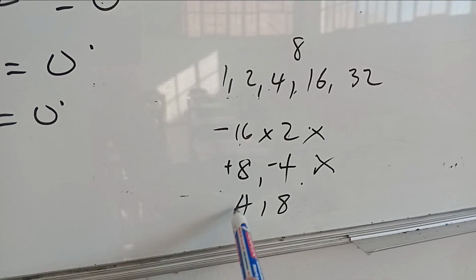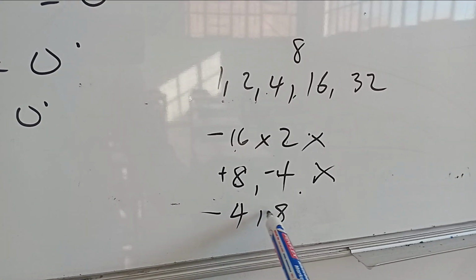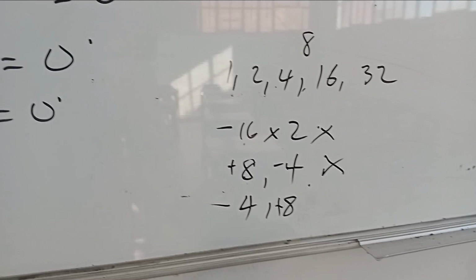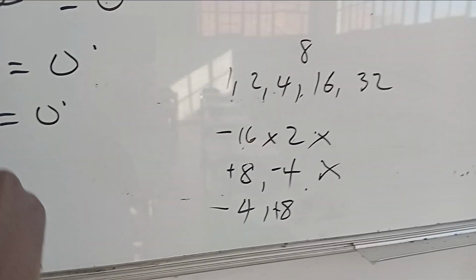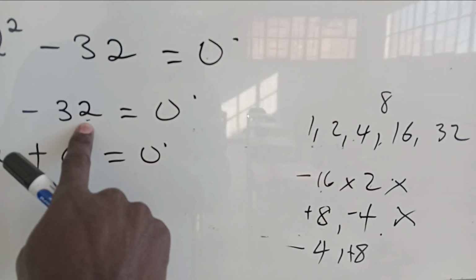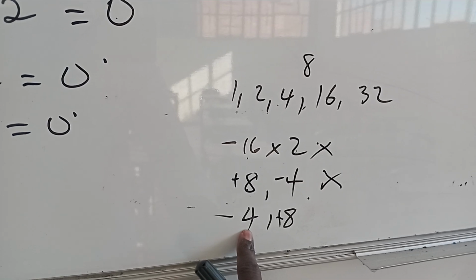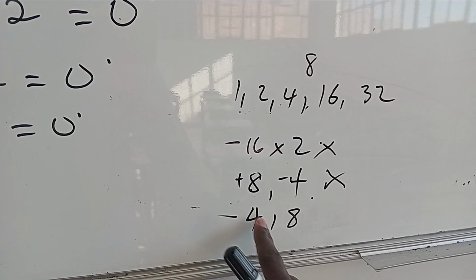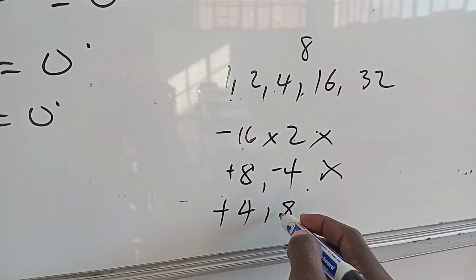Now, let me use my negative here and my positive here. If I say negative 4 multiplied by 8, I would have negative 32, which makes sense. Then, remember, let's make this positive and this negative.